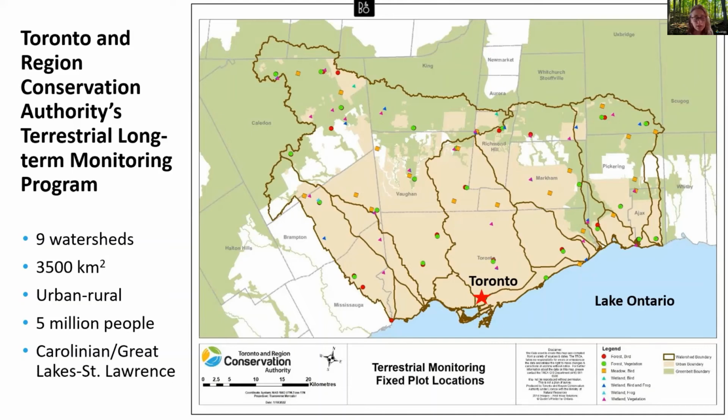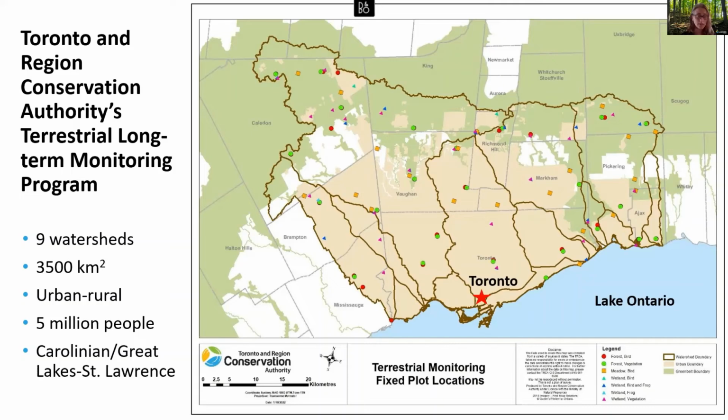TRCA's jurisdiction consists of about 9 watersheds covering an area of 3,500 square kilometers with about 35,000 hectares of forest, and also a population of 5 million people. And this leads to a kind of urban to rural gradient based on the distance from Lake Ontario.